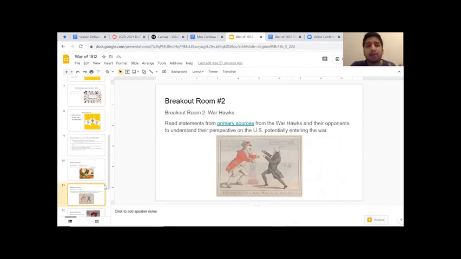The second breakout room would be about war hawks, because we would be able to identify this. They would read statements from primary sources from the war hawks and their opponents to understand their perspectives on the US potentially entering the war. Here you see another visual aid, a political cartoon of the times.